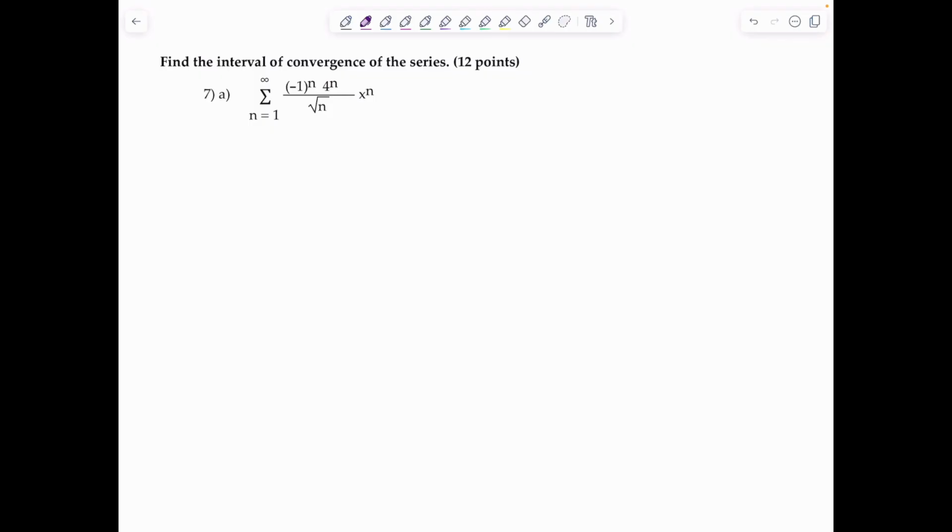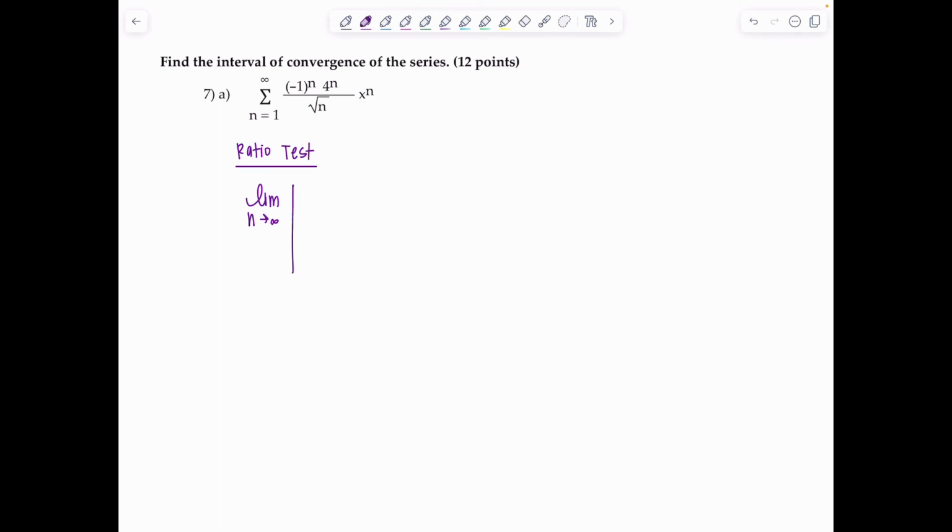So when you're finding the interval of convergence, you need to do the ratio test. Once in a while you can do the root test, but it's not as common. Once in a while you can, but in this case, no, it wouldn't be nice. We're doing ratio test. I can tell the people that's what we're doing. So ratio test time. We're gonna look at the limit as n goes to infinity.